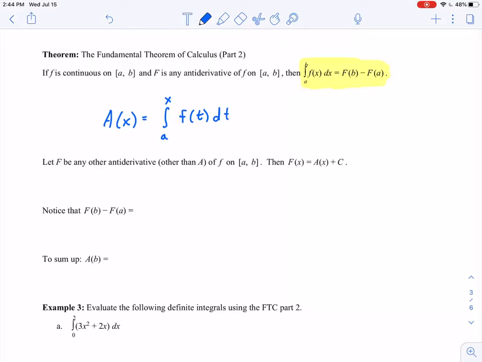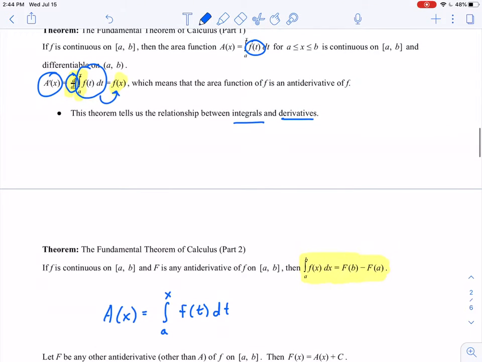So remember that a function has infinitely many antiderivatives, and the thing that makes them different is the constant that you add, right? So you can add whatever constant that you want. So that means that capital F of x, which is an antiderivative of f, and we just wrapped up the last video here. We said the area function is an antiderivative of f.